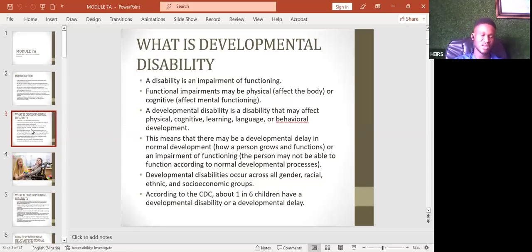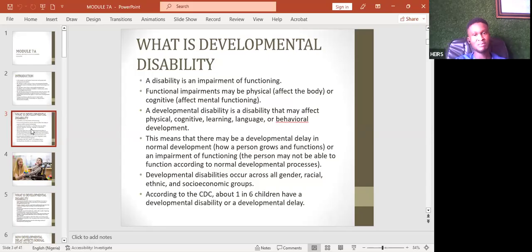Some children start walking at 8 months, while some at one, while some at 1 and some months. Now, there may be developmental delay when a child of 2 years is yet to walk, although he may finally walk, but then at that stage, he is categorized as a developmentally disabled person.